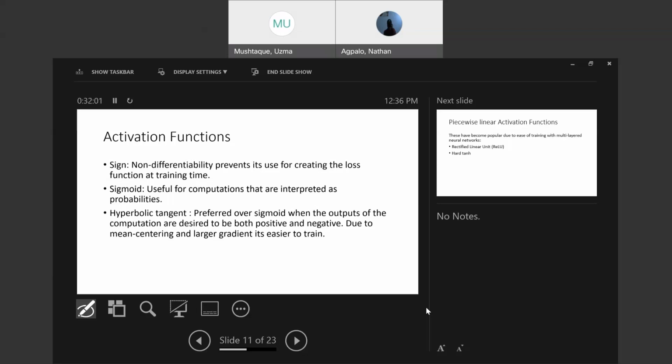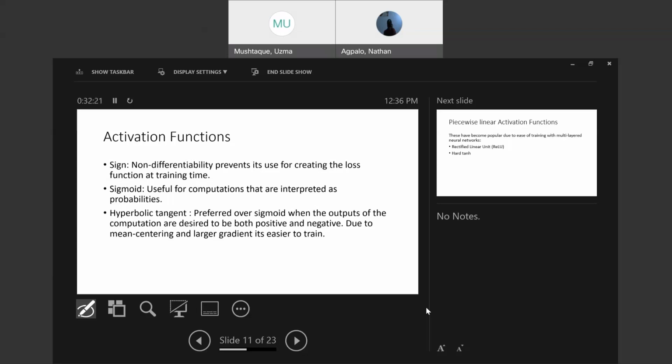And if there is convexity, you need to find the gradients, so differentiability is important. From that perspective, we don't like the sign or the identity, but we like sigmoid.